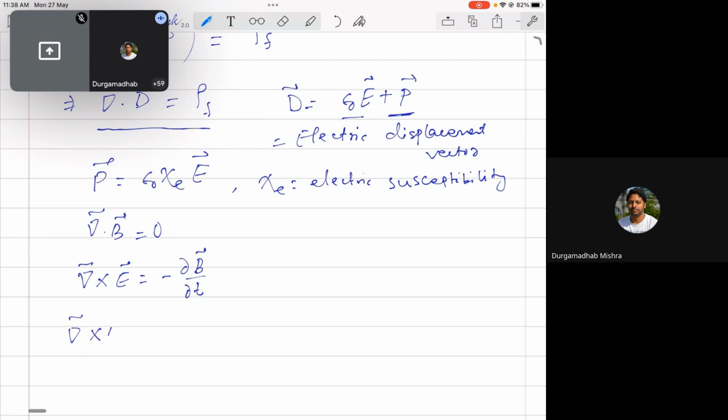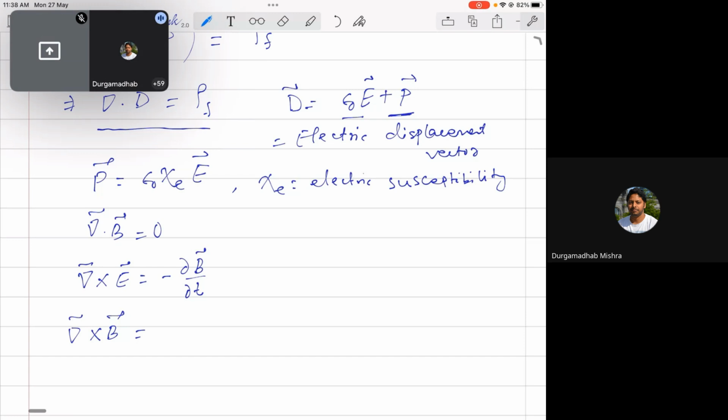Now, but this equation will now change. And what will be the change? Let's see that. Okay, so we said this is for a free space or a vacuum.